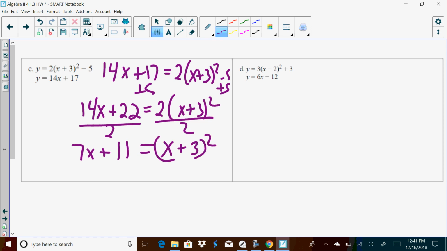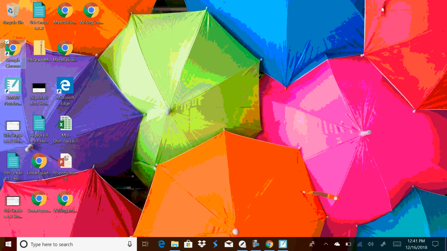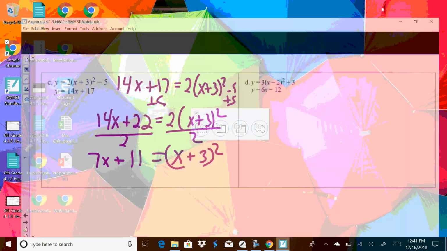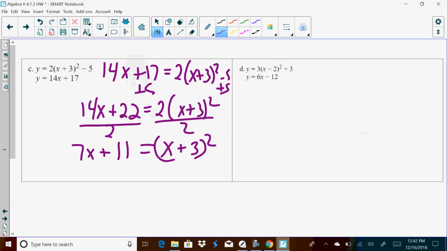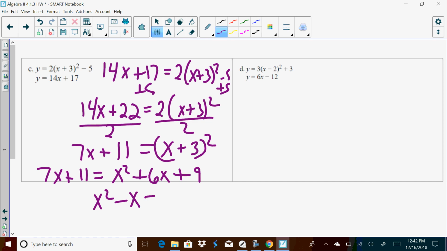Since I can't square 7x plus 11, I have to multiply out x plus 3 squared. So I get 7x plus 11 equals x squared plus 6x plus 9. So then I move everything over. So I get x squared minus x minus 2 equals 0.